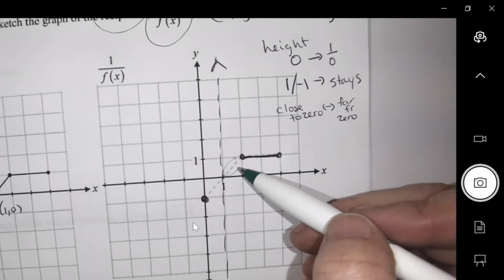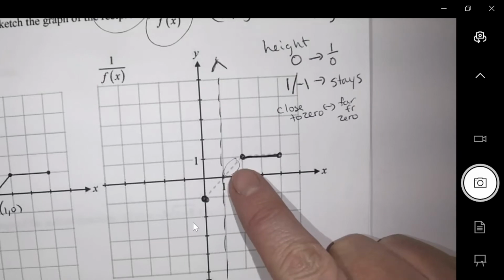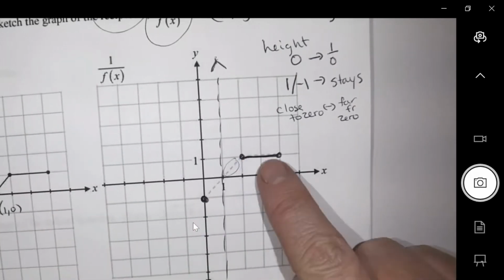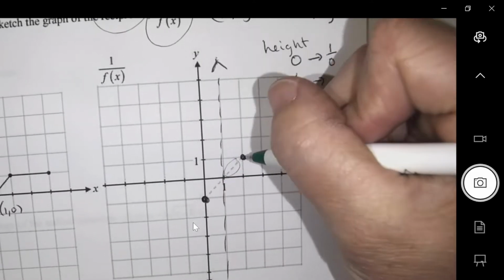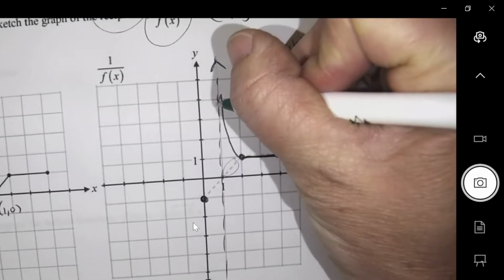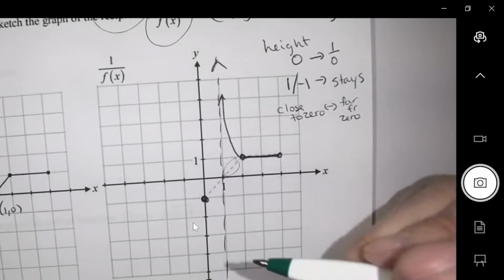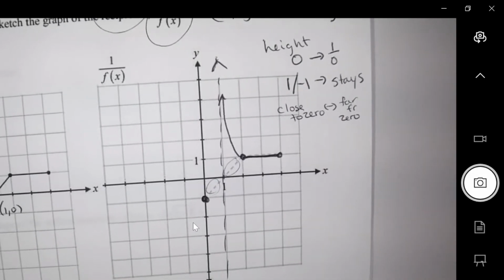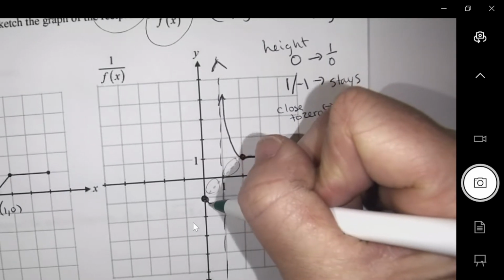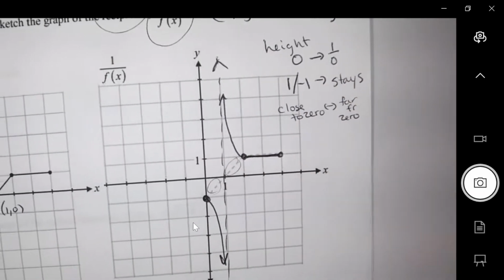So what's going on in this zone right here? What's going on my graph? It's getting closer to 0. So I'm going to go away. Then this section gets close to 0. So it's now going to go away.